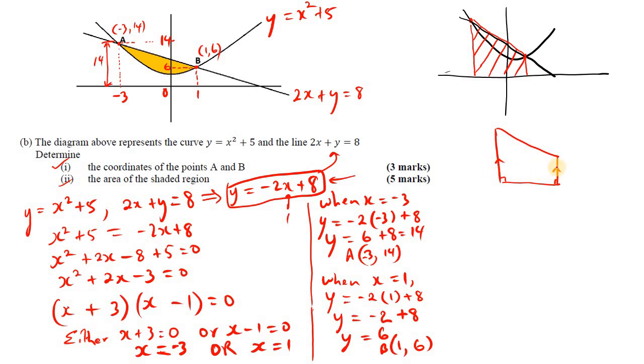One pair of sides is parallel, and then we have the distance between the two parallel lines. We call that the height, right?